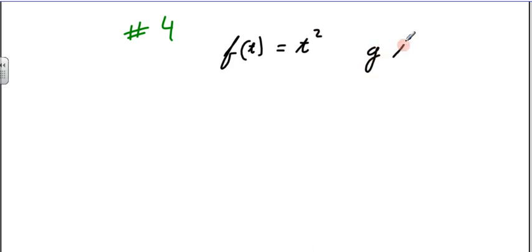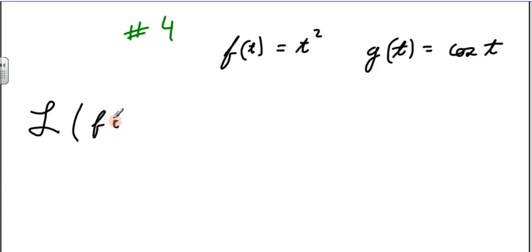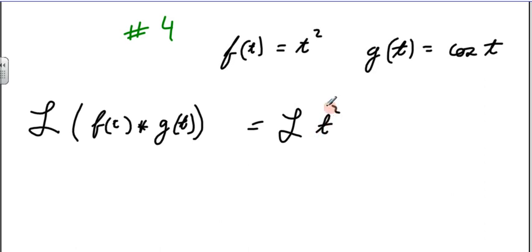Okay, problem number 4. We have f of t is equal to t squared. g of t is equal to cosine t. And we're going to look at the Laplace transform of f of t convoluted with g of t. And we're going to say, well, that's going to be the Laplace transform of t squared times the Laplace transform of cosine t.